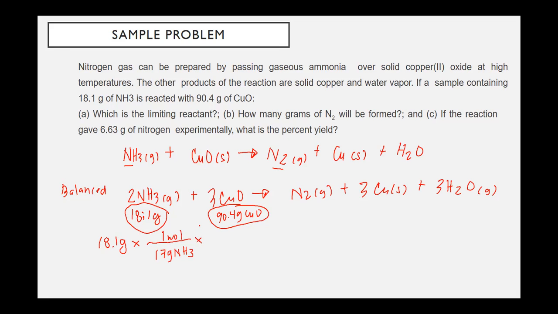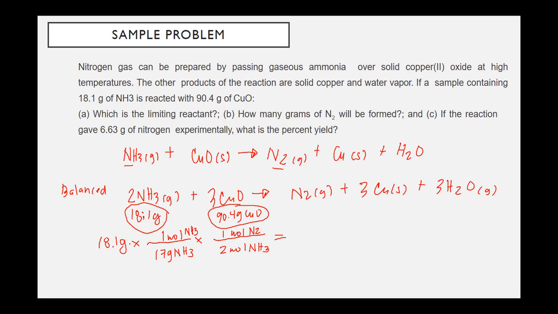And then, gamitin natin yung stoichiometric ratio. So, in every 2 moles ng ating NH3, nakakapag-produce tayo ng 1 mole N2. So, para hindi kayo malito kung sino yung nasa taas o nasa baba, usually, tinitingnan ko lang dito ay yung units.